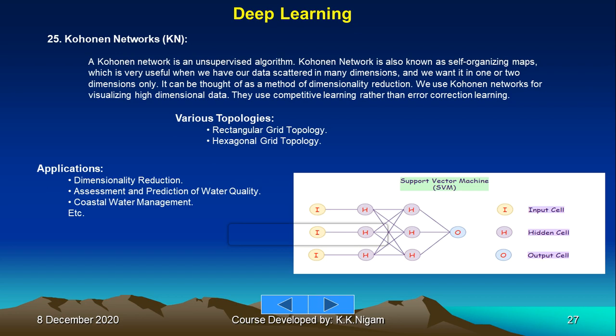We use Kohonen networks for visualizing high dimensional data. They use competitive learning rather than error correction learning. Various topologies include rectangular grid topology and hexagonal grid topology. Applications for them are dimensionality reduction, assessment and prediction of water quality, and coastal water management.